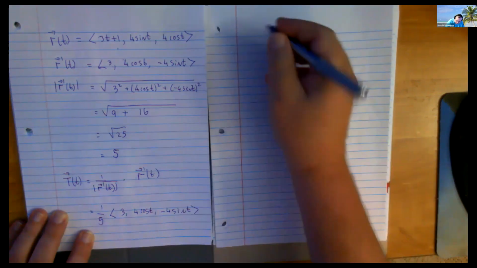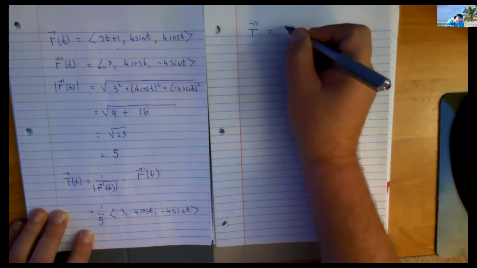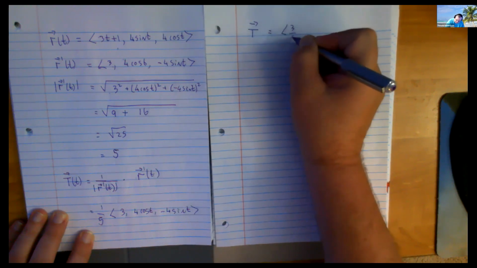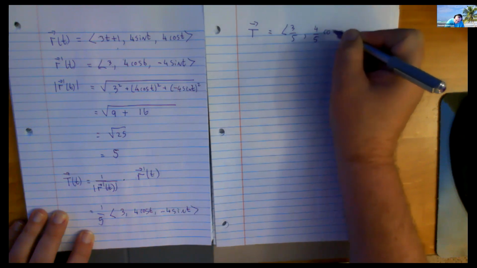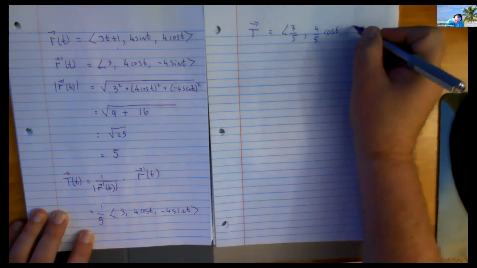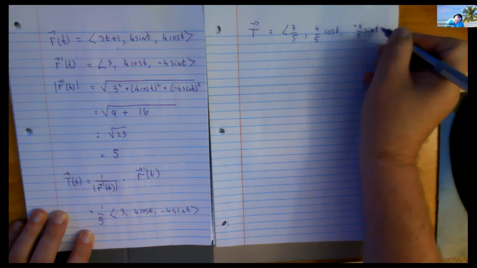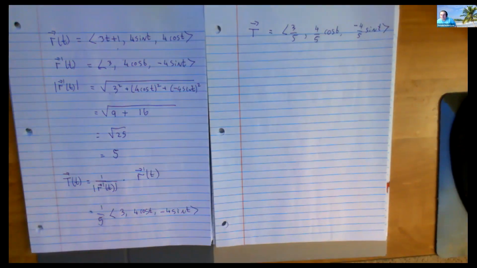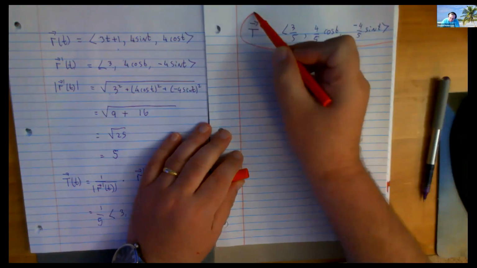So up here, I will put the unit tangent vector. He is 3/5, 4/5 cosine t, negative 4/5 sine t. Are we good? Because I'll lose track of this guy. I'll put a bubble around him to remind myself that's one of my answers.